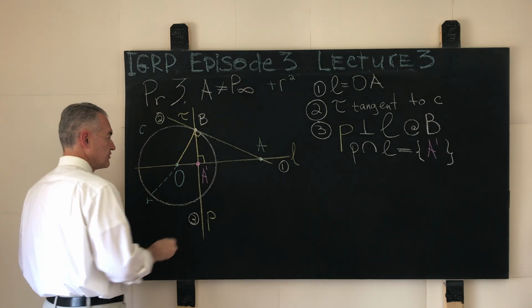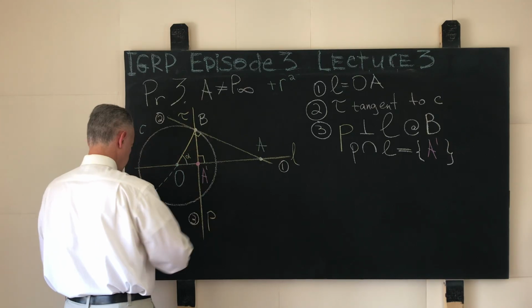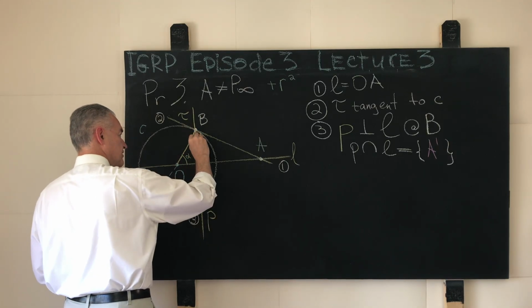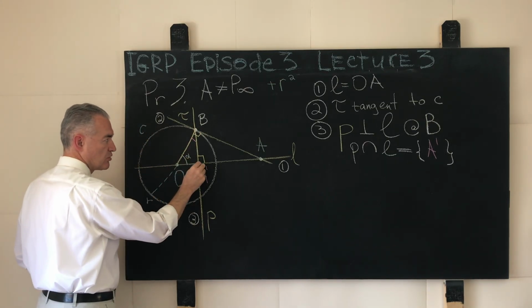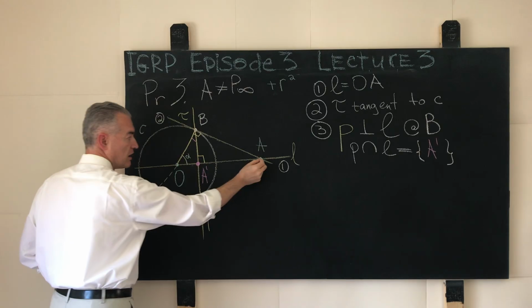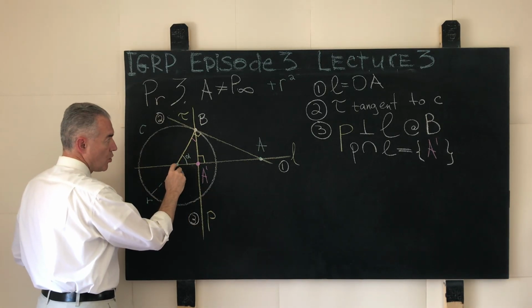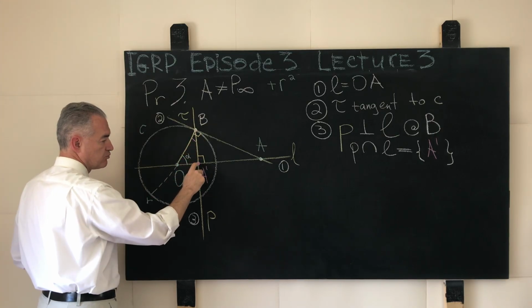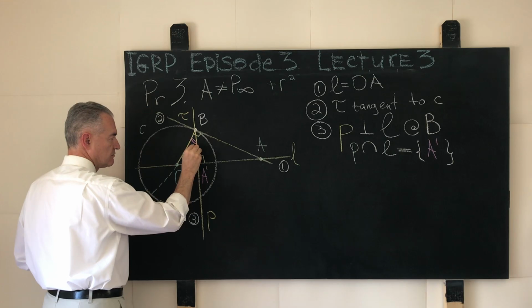And what angles are these? Well, if we mark the angle BOA prime, or BOA, as alpha, the angle OBA prime is, let's say, beta.